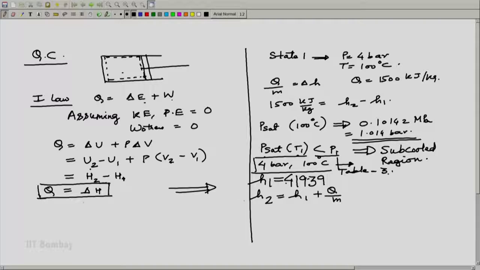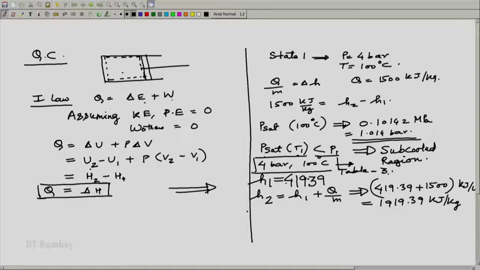From here I have got Q is equal to delta H, which is H2 minus H1. I can get the value of H2 from here, and therefore my H2 will be 419.39 plus 1500 kilojoule per kg, which is equal to 1919.39 kilojoule per kg.